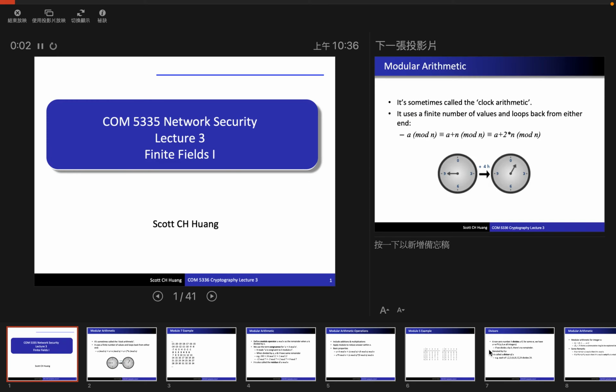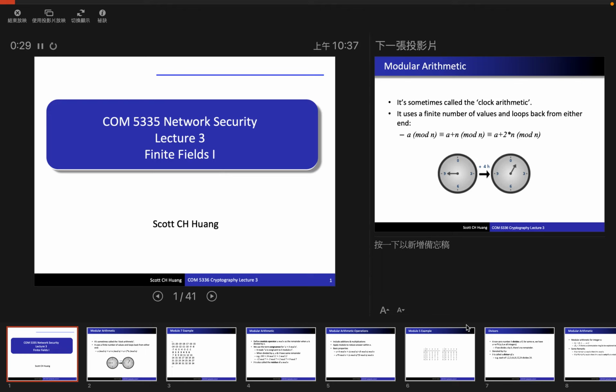Now we're moving on to finite fields, because the goal is to introduce the Advanced Encryption Standard, AES, and also the XTS algorithm that will make use of finite fields. So we'll talk a little bit about this, and we will be introducing a pretty easy version. We won't get into any details.